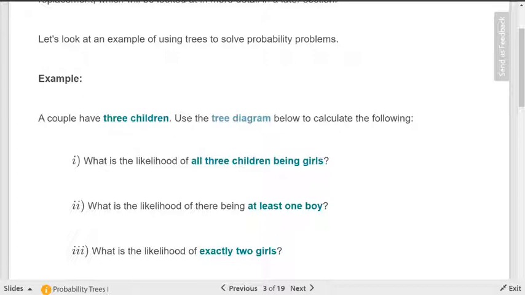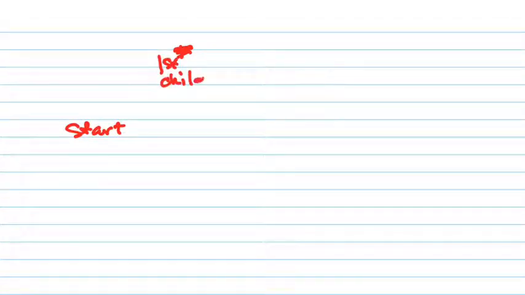So here we go. They don't start with any children, yeah? So we just have plain old start. For the first child, we can either have a boy or a girl. You've drawn these before.